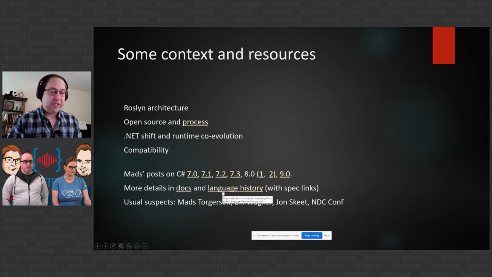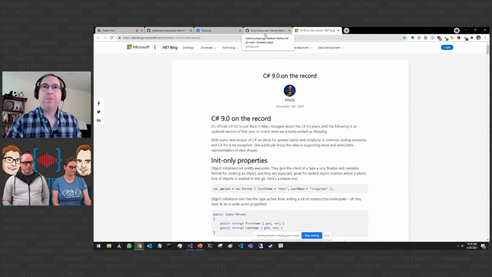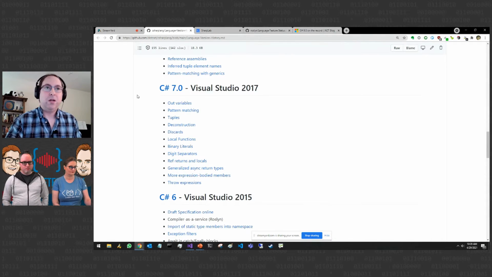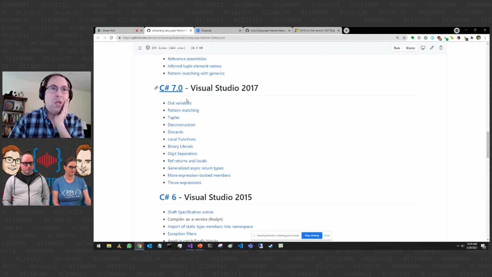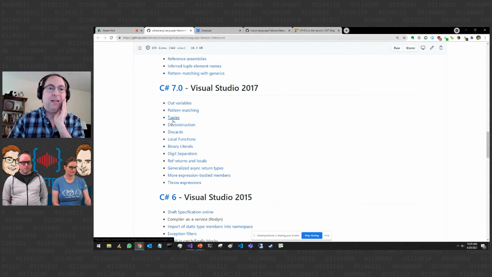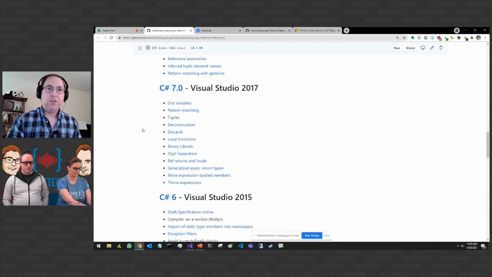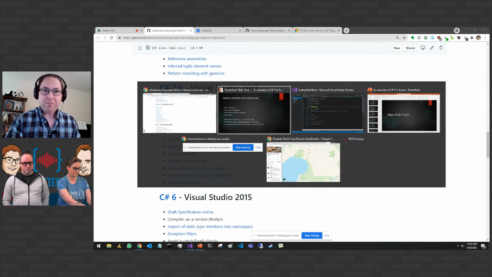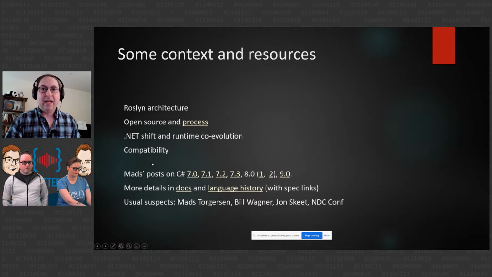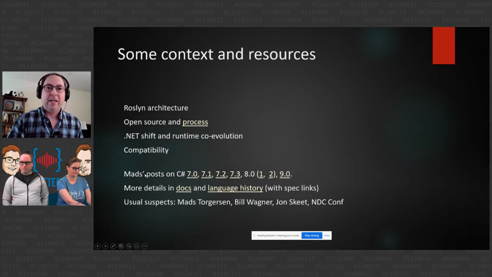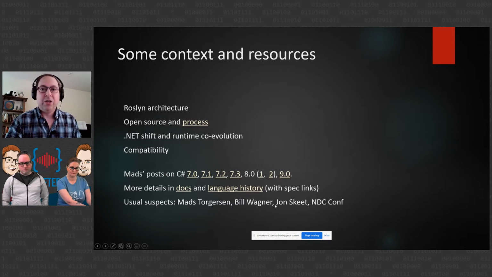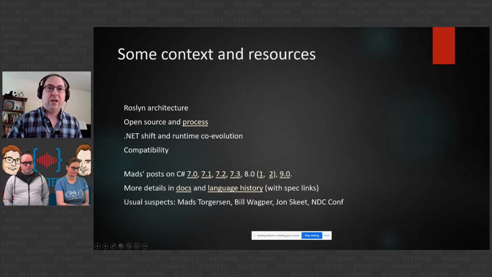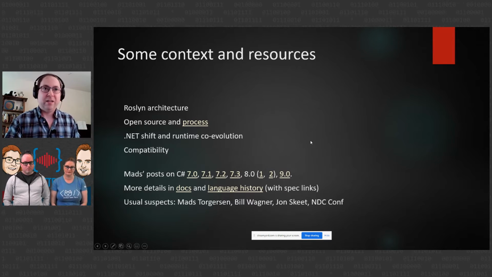And we have the language history, which I alluded to earlier, on the C# repo. All of these link to useful documents, usually the spec or some write-up on the feature. And then, if you look on YouTube for Mads, Bill Wagner, Jon Skeet, I also really like the NDC conference. You find a lot of good content there.